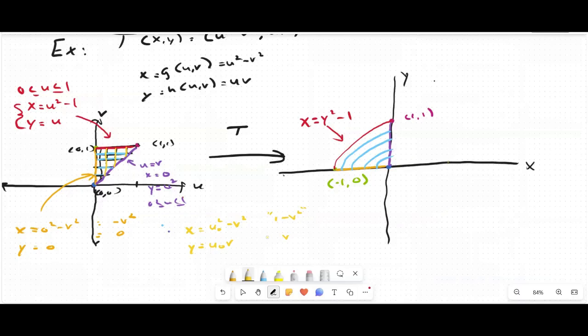Well, if Y equals V, then it looks like this. Now that's not on our shape, but if I take U initial to be like 3/4 or 1/2 or 1/4, I get smaller parabolas, more like this. And I see lines like this.